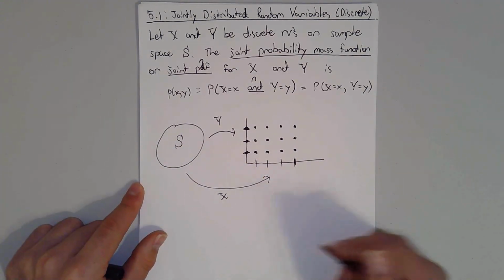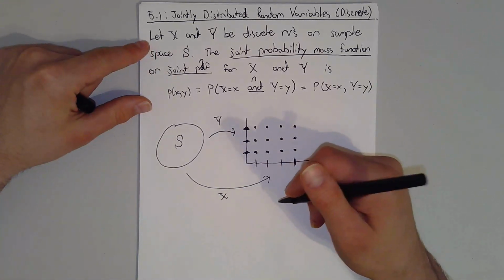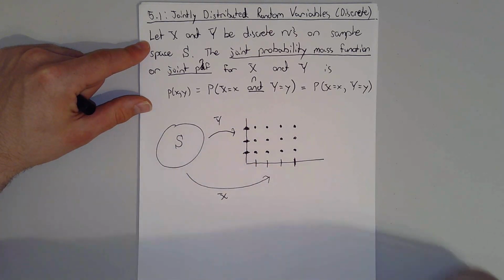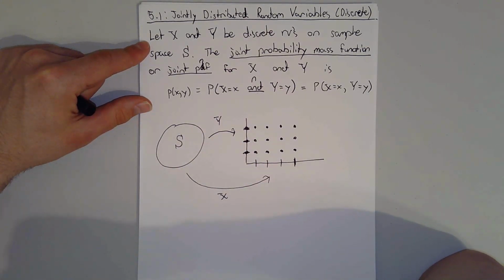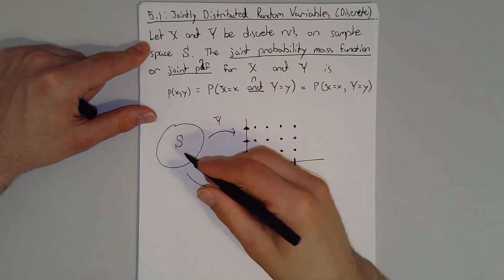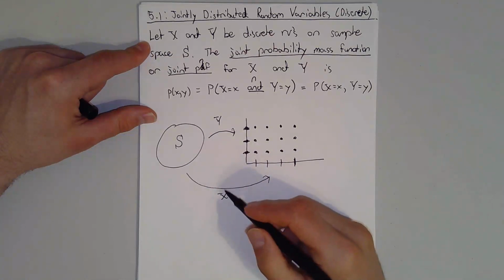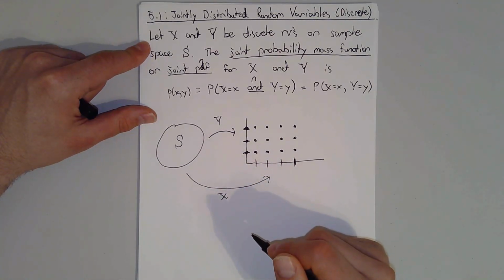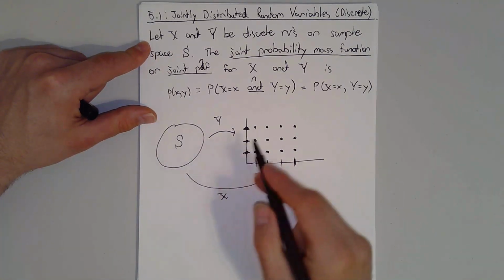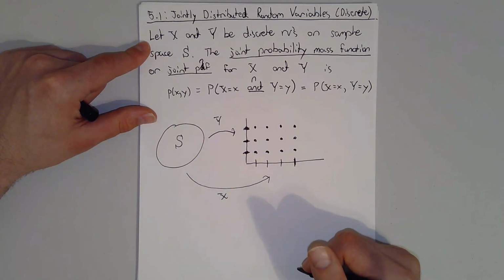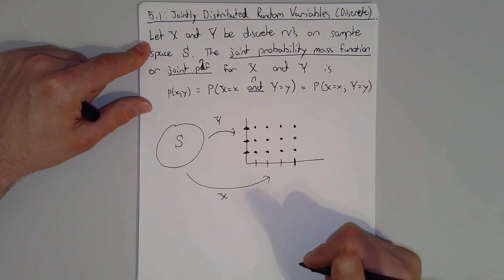Let's remind ourselves about random variables. The elements of capital S might not be numbers at all. They could be things, they could be people. What they are is outcomes to some experiment. And yes, capital X and capital Y are functions on the sample space giving back numbers, but a way to think of these random variables is that they're measurements.